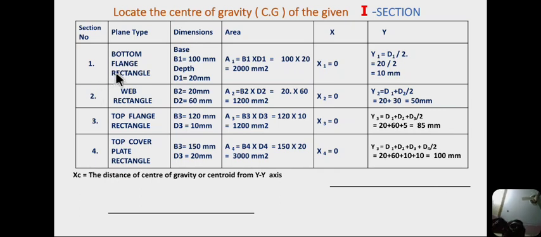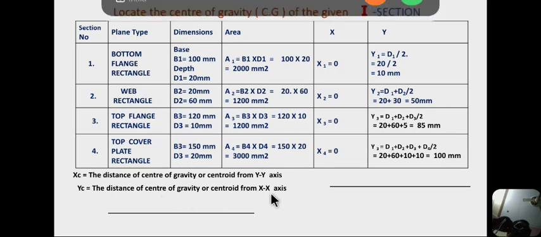Here you can see the section number, plane type, dimensions, area, x values and y values. From the general expression, x equal to the distance of the centroid or center of gravity from the y-axis, and y equal to the distance of the centroid or center of gravity from the x-axis.